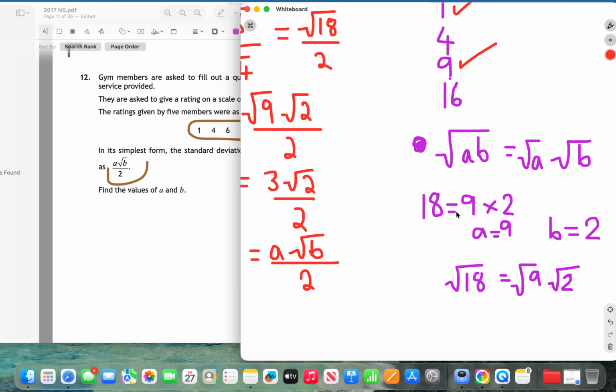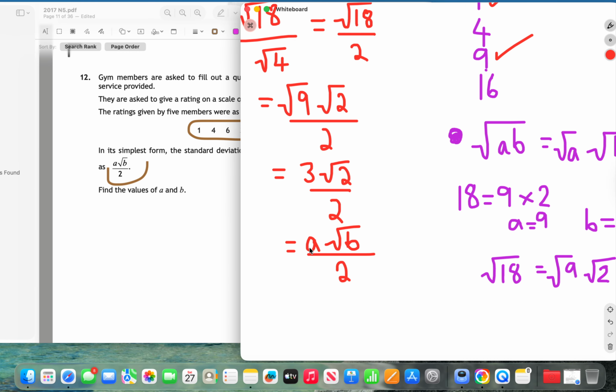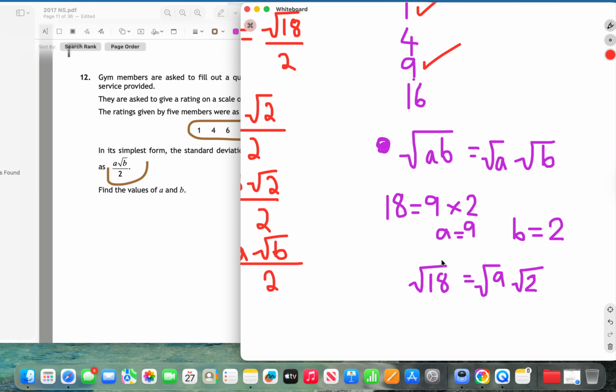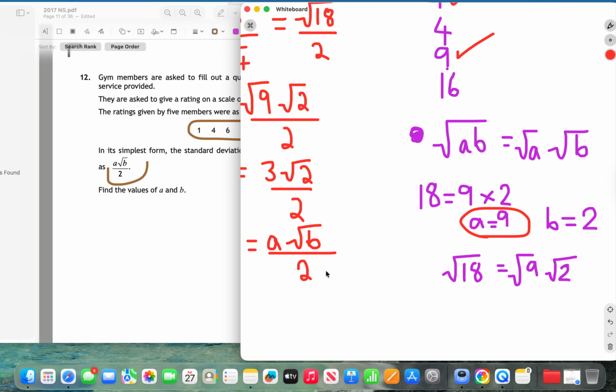So we have that in the form A root B over 2, and I've just noticed that I used the letters A and B in order to demonstrate how to simplify root 18. That was an unlucky choice of variables, but the A in this part is not the same value as the A in this part. I've just noticed that I made a bit of a boo-boo possibly. But let's check.